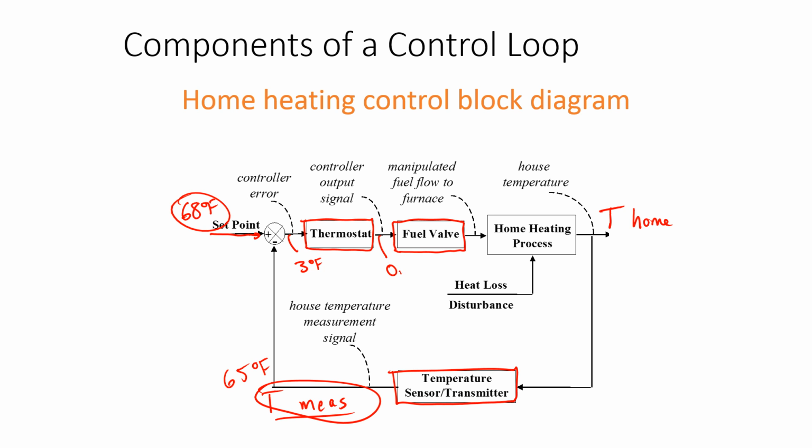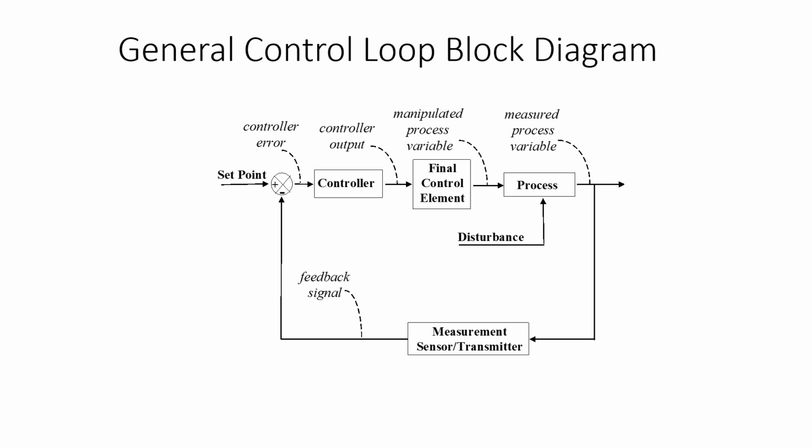In this case, the thermostat tells the fuel valve to open, to turn on, and then fuel will start to flow into the furnace. Once that happens, the home starts to heat up and the temperature of the home starts to rise. Then at a certain point, once that temperature reaches greater than 68 degrees Fahrenheit, let's say it's 70 degrees Fahrenheit, it's going to turn off. So that's a basic control block diagram.